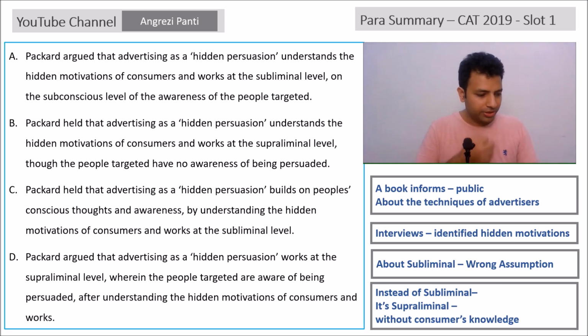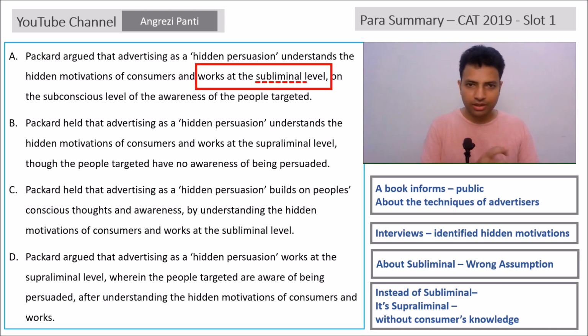All right, now let us have a look at the options. The first option is Packard argued that advertising as a hidden persuasion understands the hidden motivations of consumers and works at the subliminal level. No. In our notes, we have clearly mentioned that subliminal is a wrong assumption.